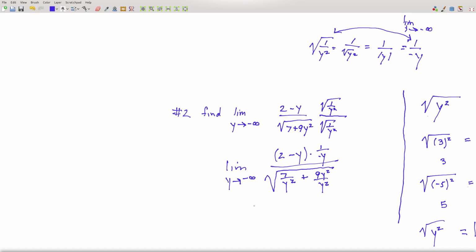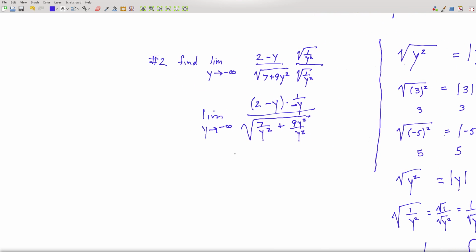Alright, let's distribute on the top also now. Oh, this is a negative y. Let's make that clear that this was a negative y. So, rewriting it to distribute on the top, this is the limit as y goes to negative infinity. On the top we have, I'm going to distribute this 1 over negative y times 2.